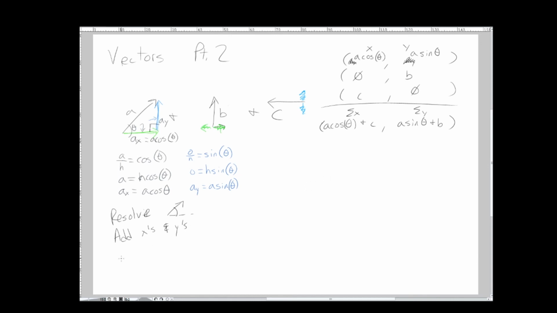The next step is draw a new triangle. So we'll add A and C together.